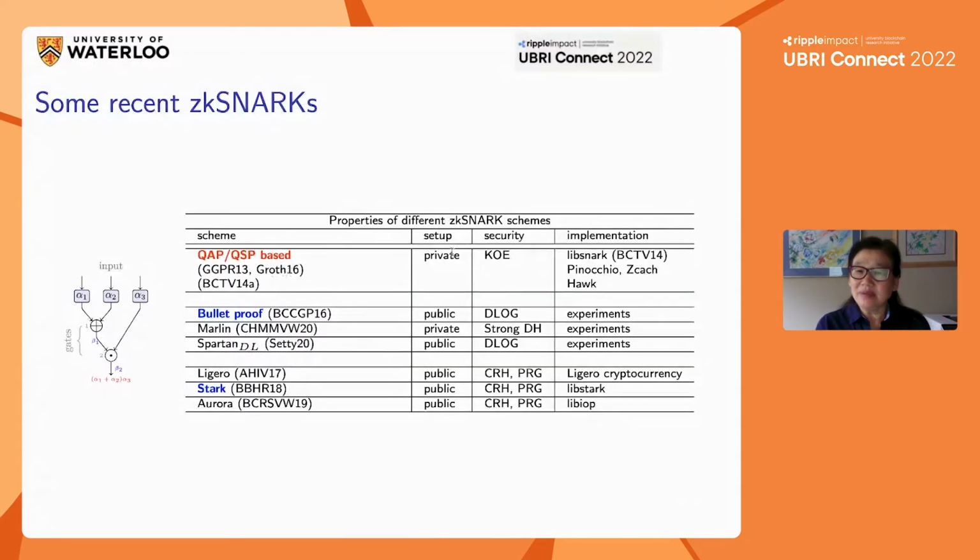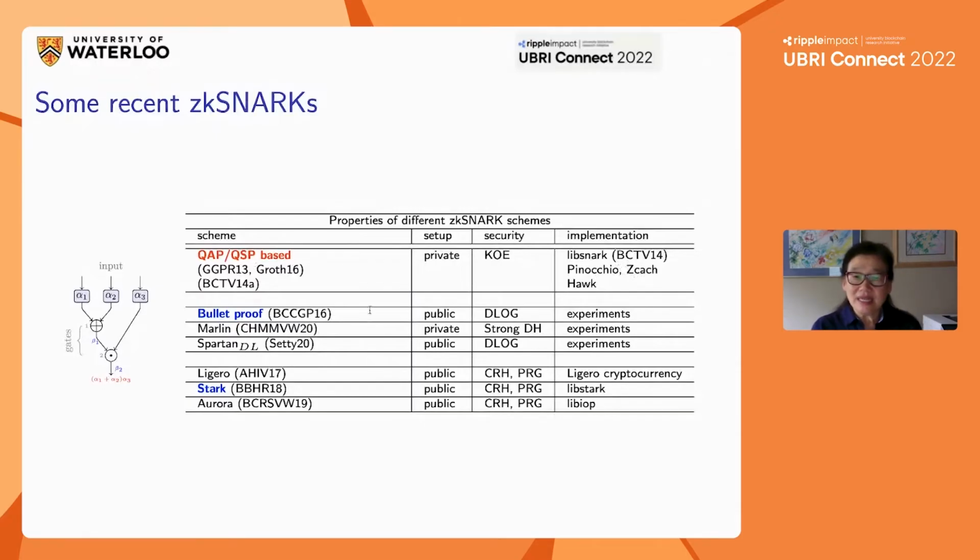This setup is a private setup, so you need a common reference string, and the security is based on knowledge of exponent. They have many different implementations because Zcash basically implements those schemes.